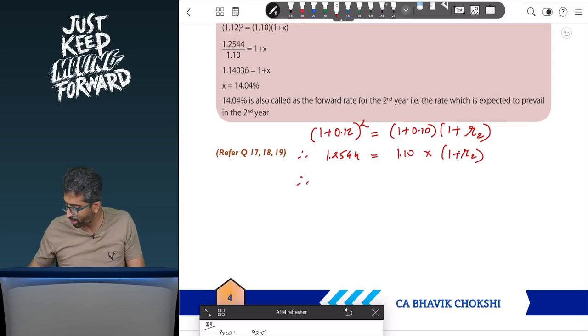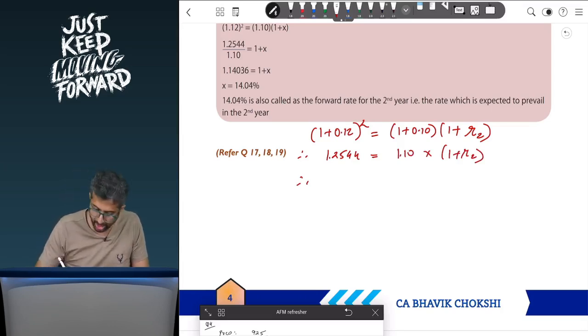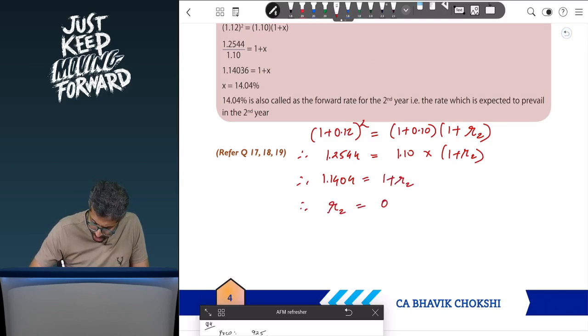Therefore, 1.2544 divided by 1.1 comes to 1.1404, which equals 1 plus R2. Therefore, R2 over here will equal 0.1404, that is 14.04%. What does this mean?